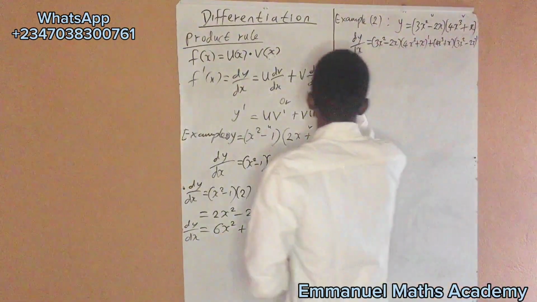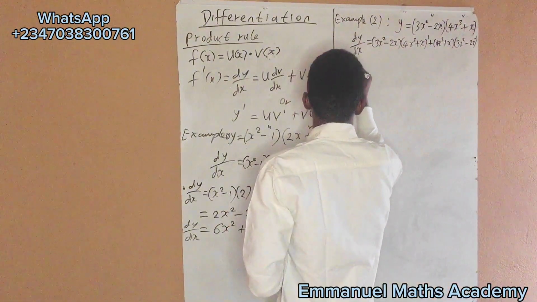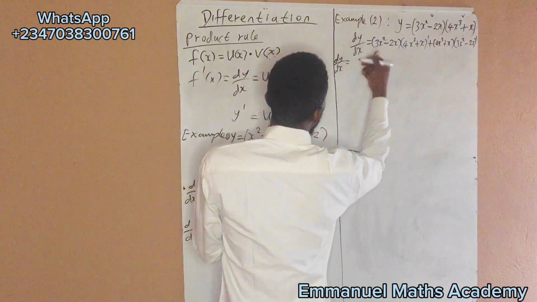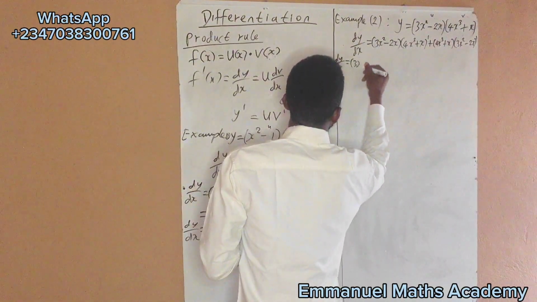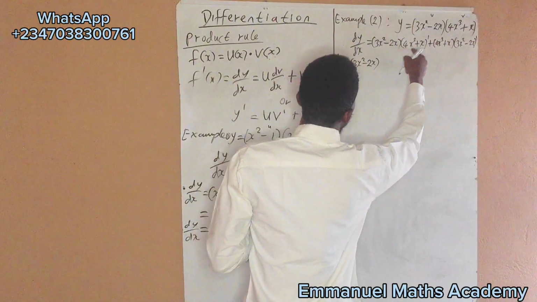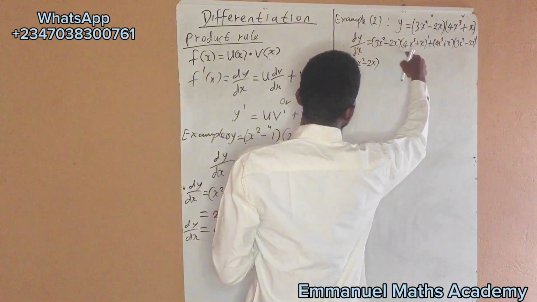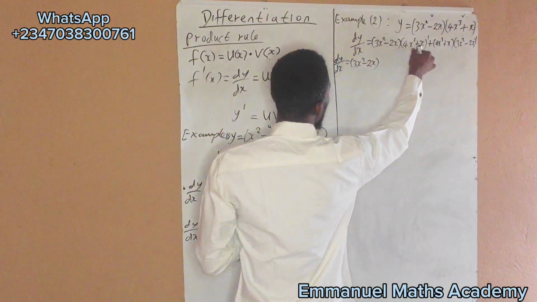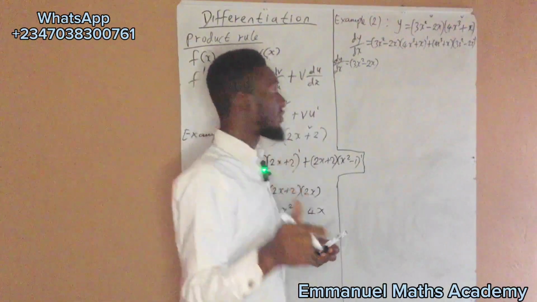Now, to differentiate this further, you have 3x power 2 minus 2x. You have to differentiate this one after the other, using the power rule, right?